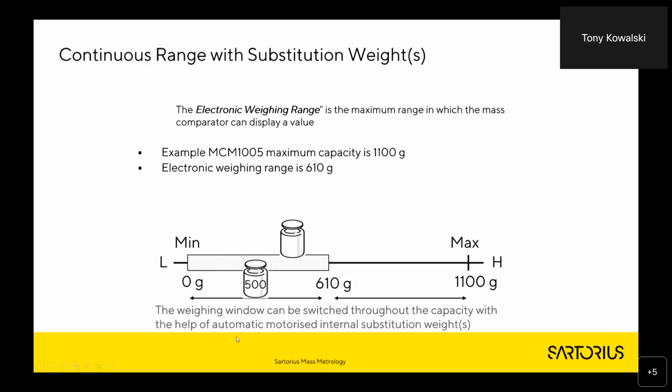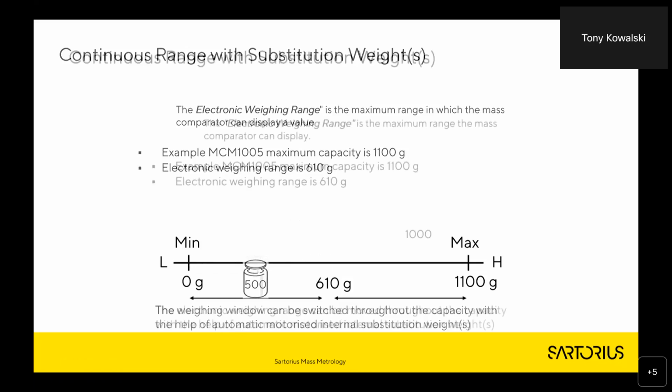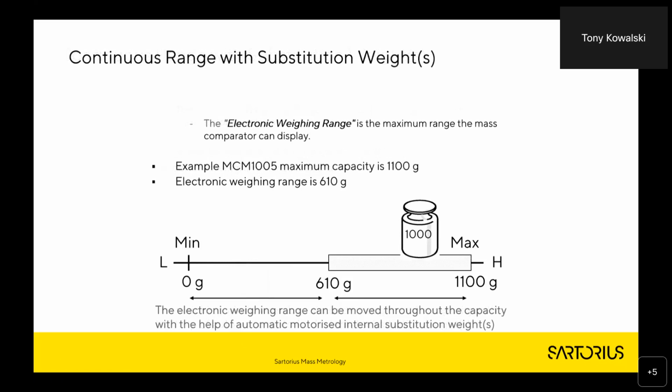So if we want to then test a 1 kilogram weight, you place your 1 kilogram weight on the weighing pan, and on some of the later models of mass comparator, there's a motorized system that lifts off the internal 500 gram weight, and you see now this electronic range is working from 610 grams through to 1100 grams.